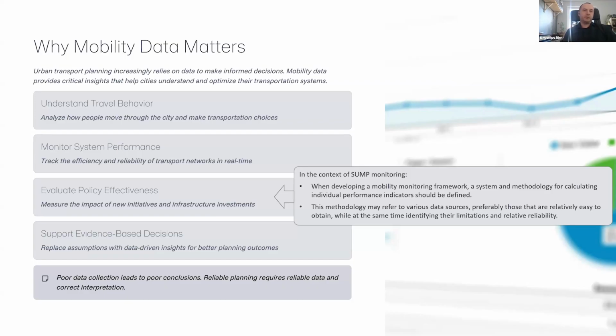So the monitoring methodology should be based on reliable and accessible data sources. And of course, what data, we will discuss.